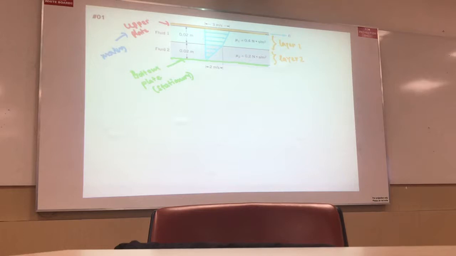Okay, so they tell you to determine the ratio of shear stress on the upper plate and that of the lower plate. They tell you to find the ratio of shear stress between the upper plate and the bottom plate: shear stress at plate 1 over shear stress at plate 2.